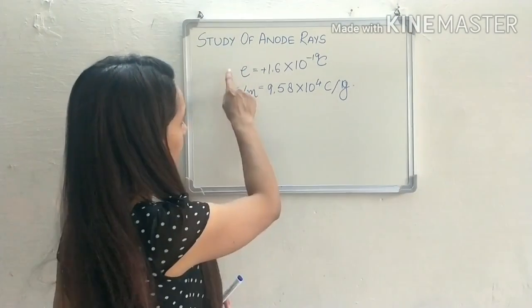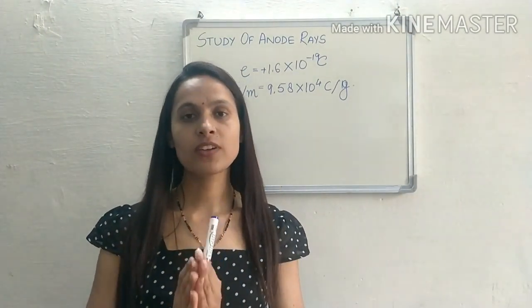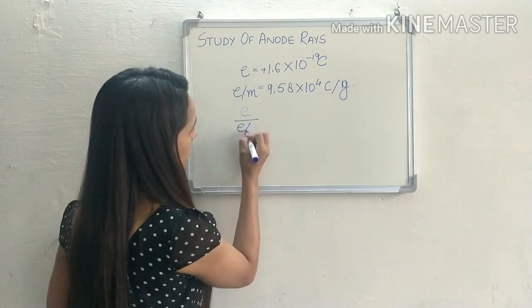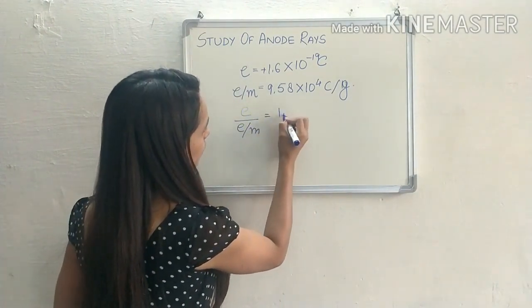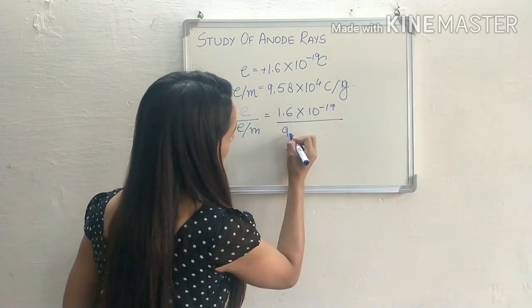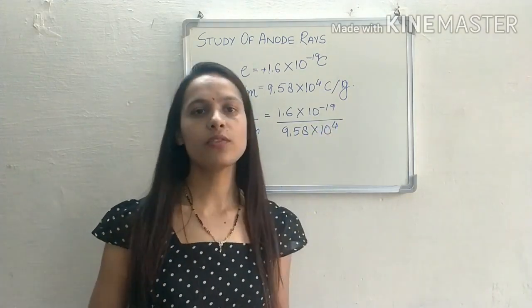And with the help of these two, when we calculate the mass of these particles, that is e divided by e/m, that equals 1.6 × 10^-19 divided by 9.58 × 10^4. What value comes?